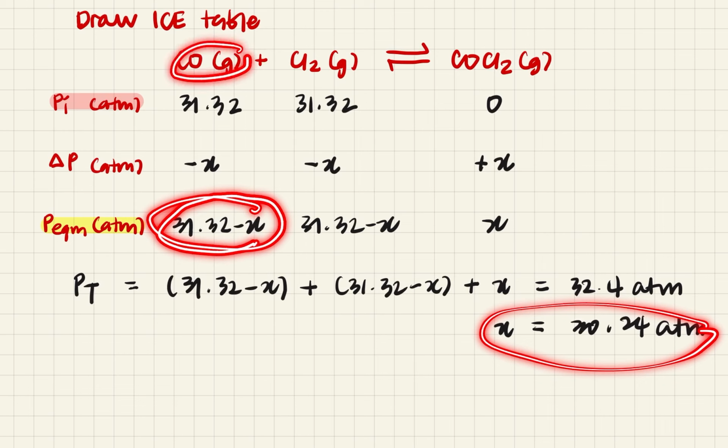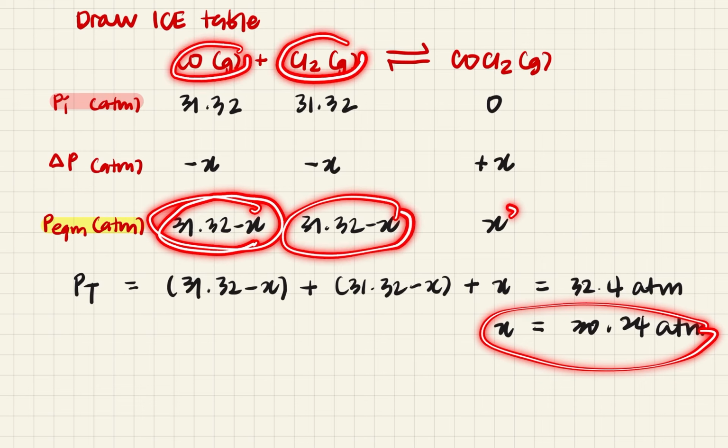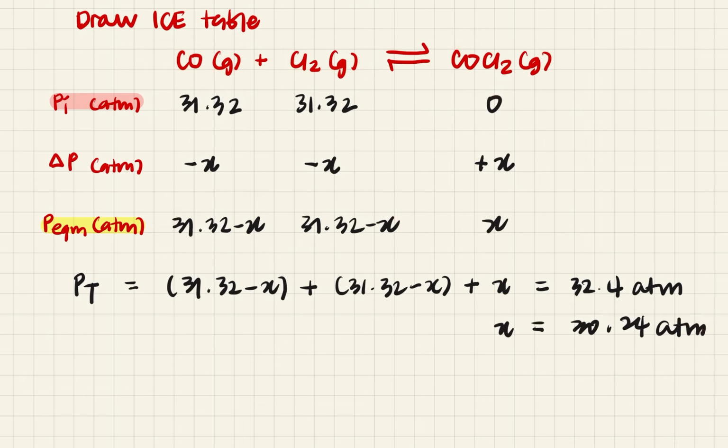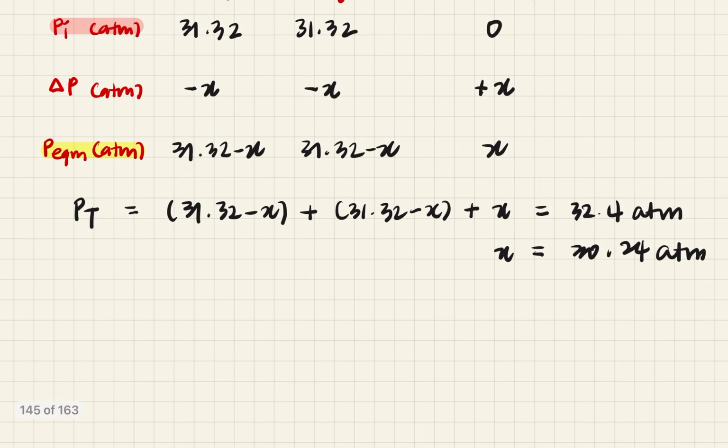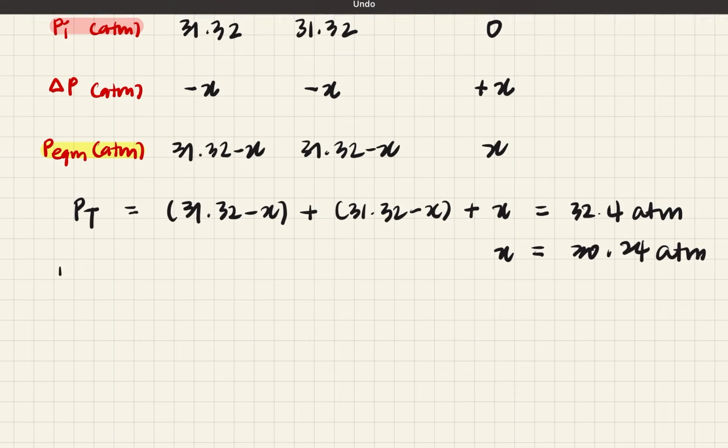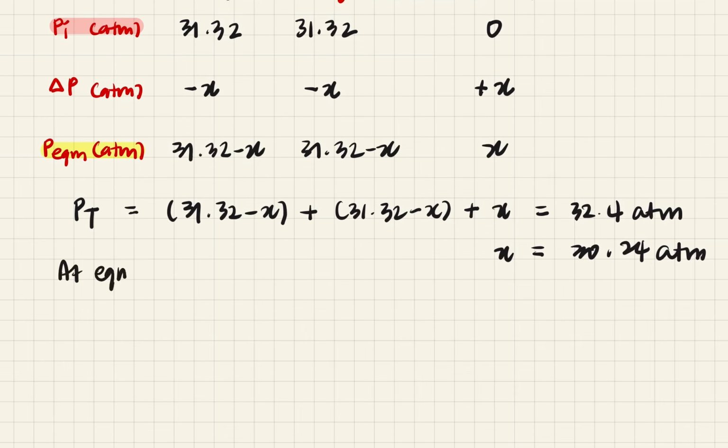Alright. So now that we have X, we can actually find what is the partial pressure at equilibrium for CO and Cl2 as well as COCl2. Correct? So you're going to write that down if you are confused. P at equilibrium, your partial pressure for CO will be 31.32 minus your X will be 30.24. Okay, ini samalah juga dengan partial pressure of Cl2.